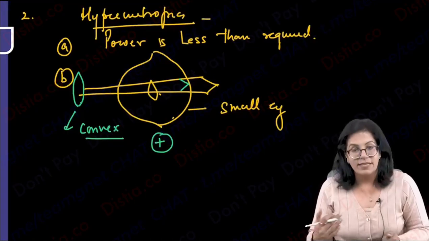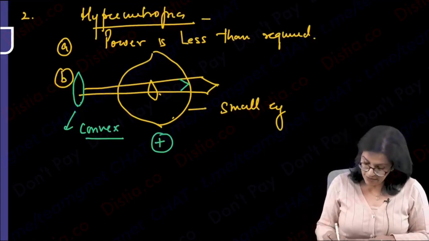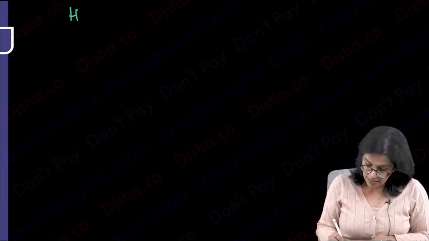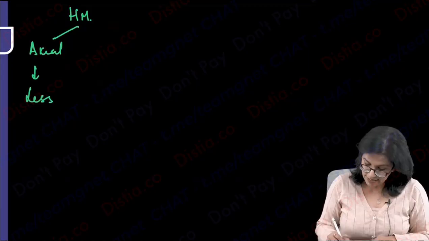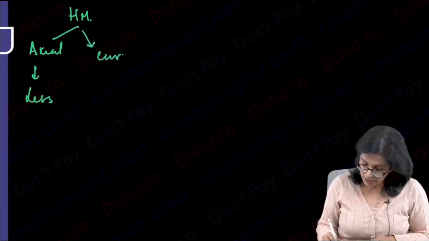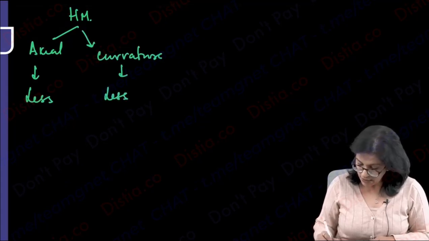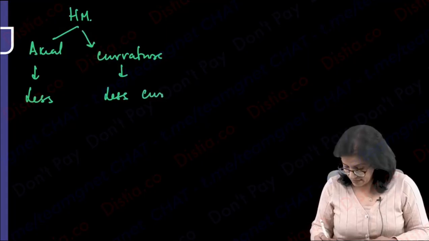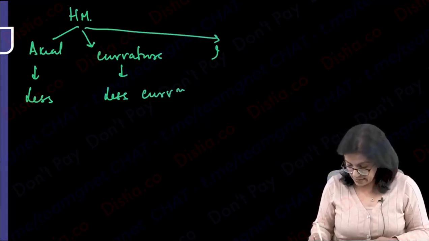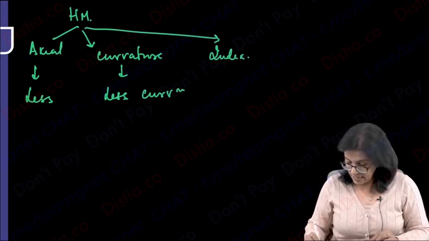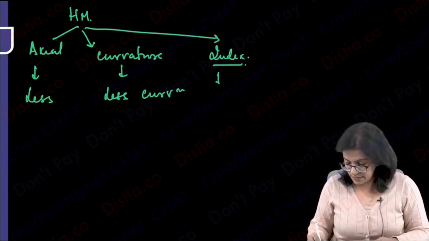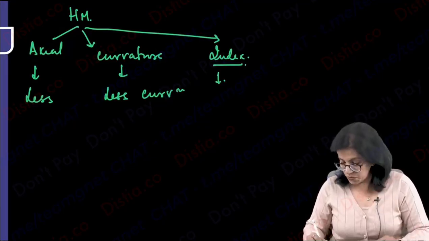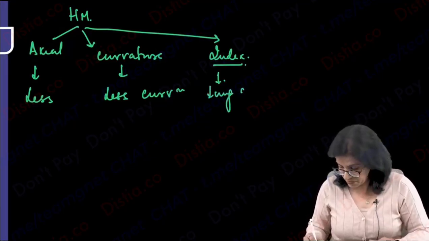Correct? Okay. Same as myopia, you can divide hypermetropia. Hypermetropia can be axial when there is a smaller eye, less axial length. It can be curvature. Again, it is lesser curvature of the cornea, a flatter cornea. Index hypermetropia, where the index is decreasing due to old age.